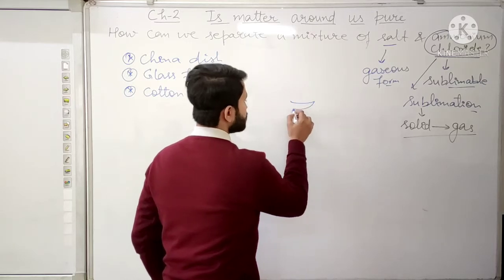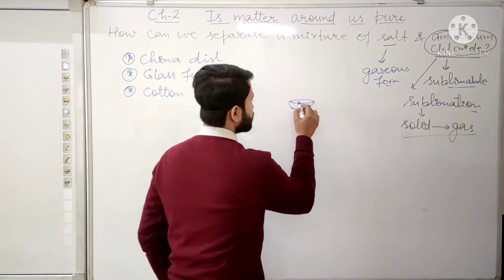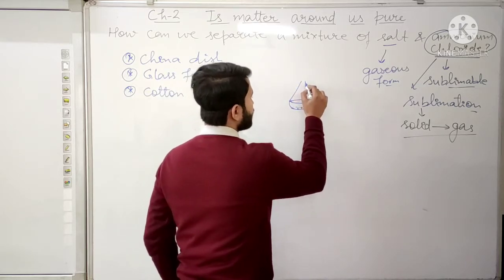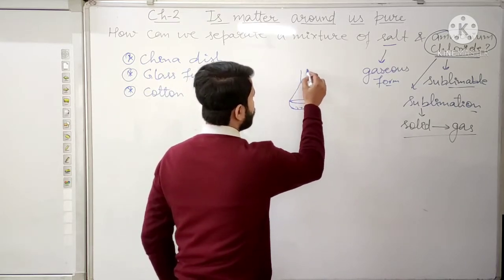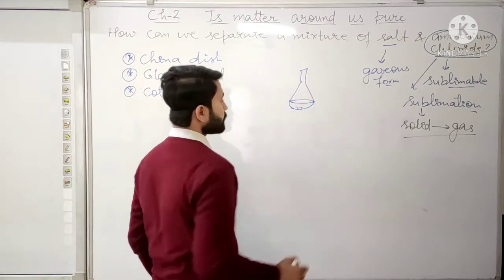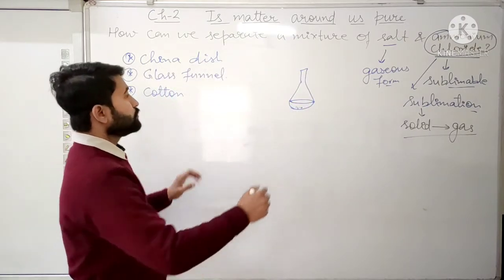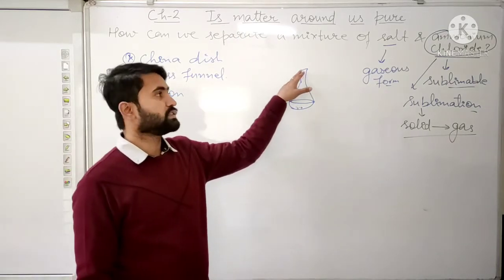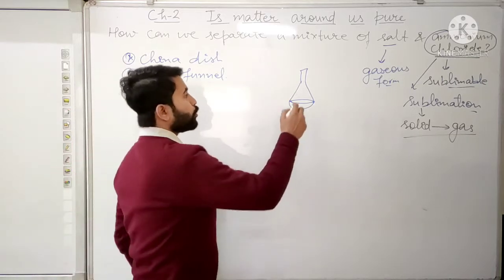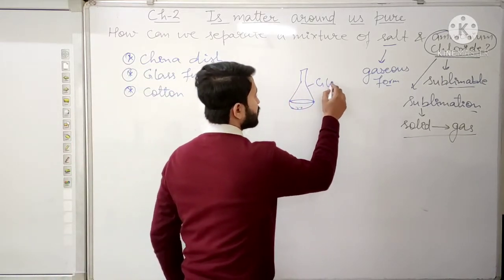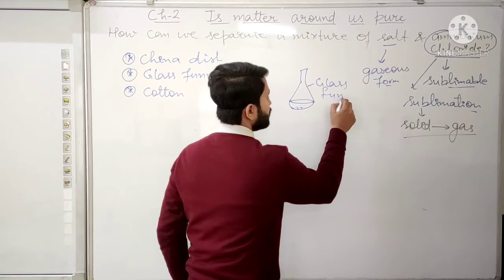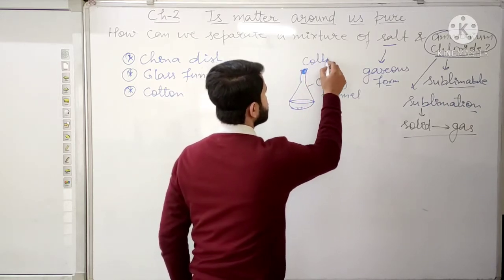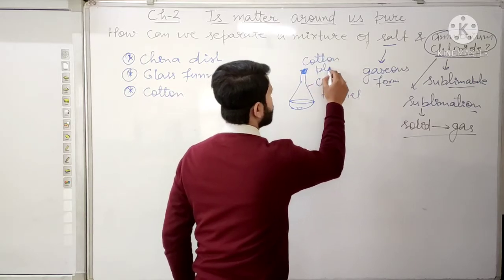Suppose this is the china dish, we will pour the mixture in it, then we will keep an inverted funnel over this mixture, and we will insert a cotton plug in the open end of this glass funnel.